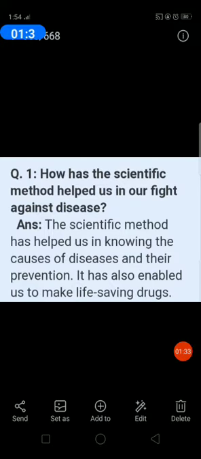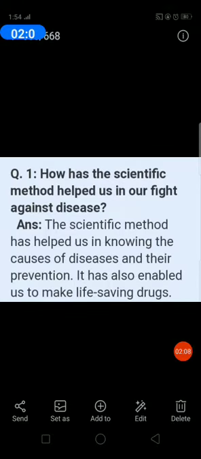It has also enabled us to make life-saving drugs. Enable means to make somebody able to do something. It means that science or the scientific method has enabled us, it has made us able to make the life-saving drugs. Drugs here is used in the sense of medicine. So it means that the scientific method has helped us in three ways in our fight against disease.